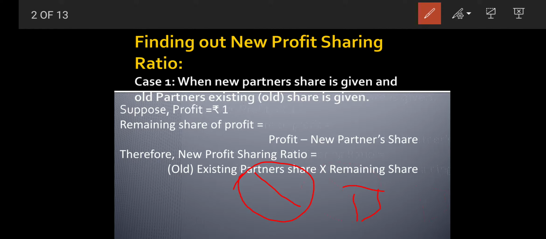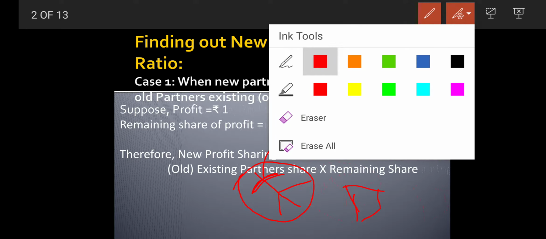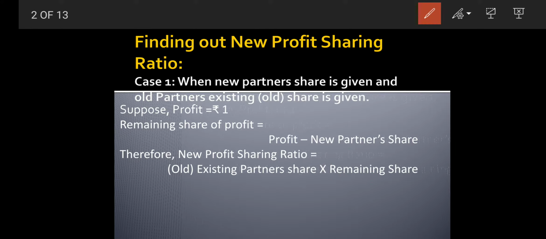So when the new partner is getting this much share, the remaining share is left for the old partners, and that is to be distributed in their old ratio only. So we are going to do the sum with respect to this. We will start with sum number 1.